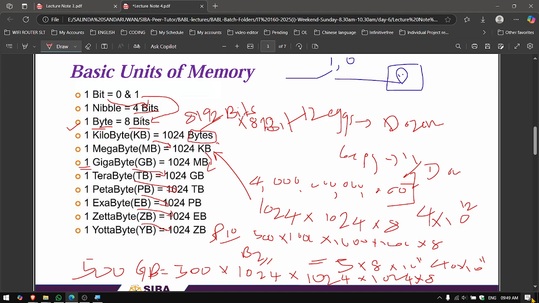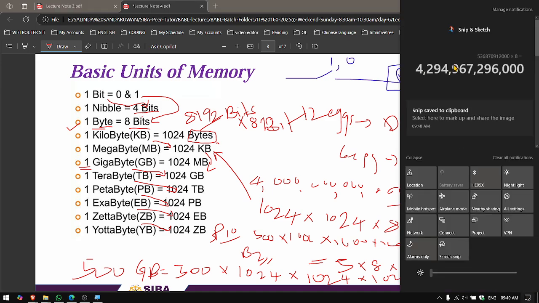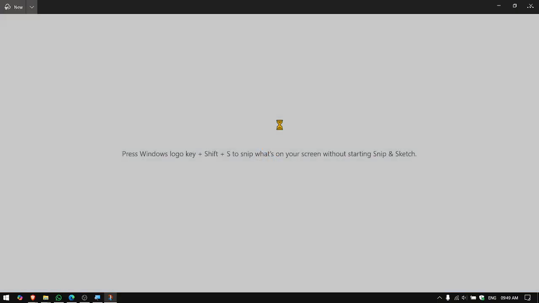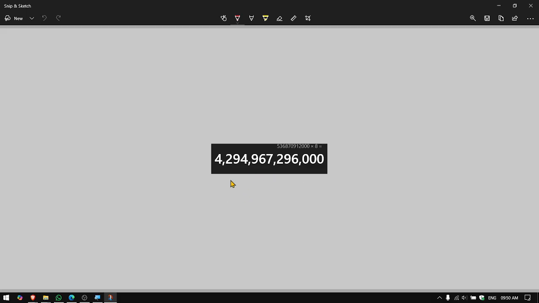If we compare it with the previous number, this is smaller. Here you can easily see, right? The number we got there was 4 and 12 zeros, and here you can see the difference.